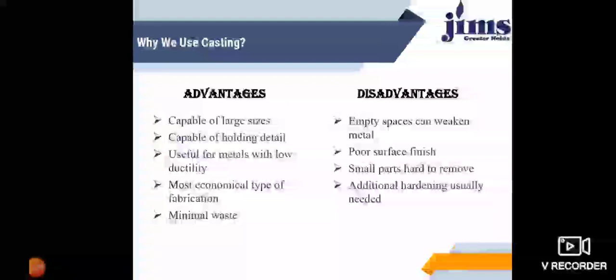Then additional hardening is usually needed, because the product which we get finally is not of adequate strength. We do hardening with the help of heat treatment and other types of processes with which we can make the finished material a bit stronger.